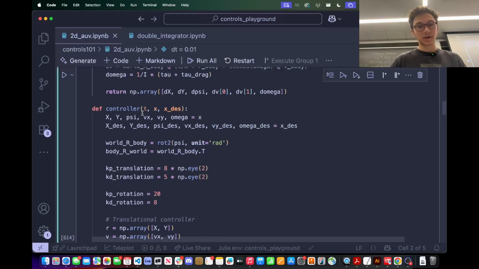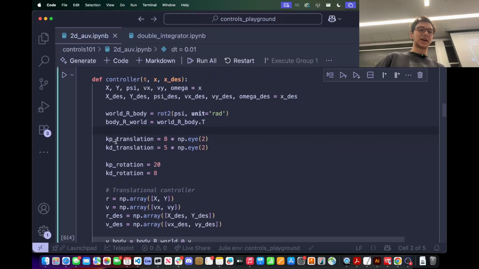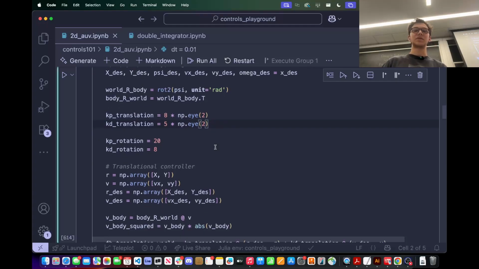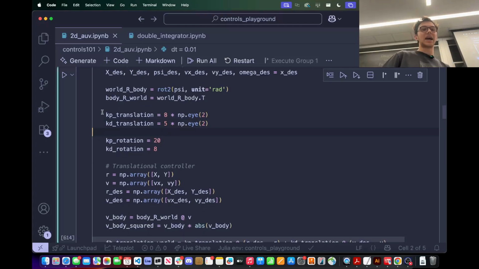And then the controller is going to look like, so I have a PD controller, so no integrator, and I have a PD controller on the two-dimensional position, and I have a one-dimensional PD controller on the orientation.